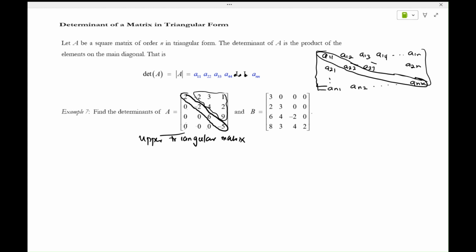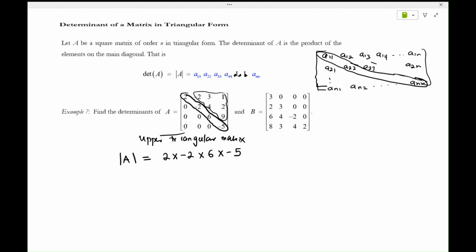So anytime you see this type of matrix, how do you find the determinant? Just multiply the elements in the main diagonal. What are the elements in the main diagonal? We have 2 multiplied by -2, multiplied by 6, multiplied by -5.